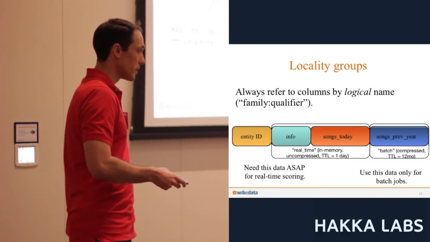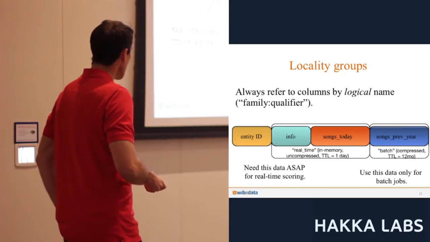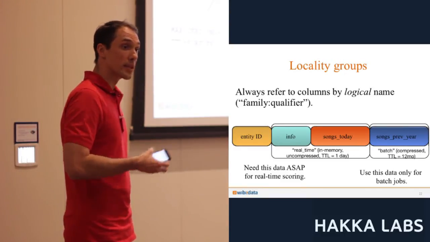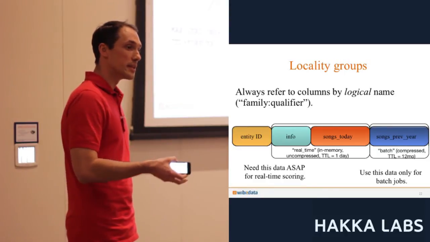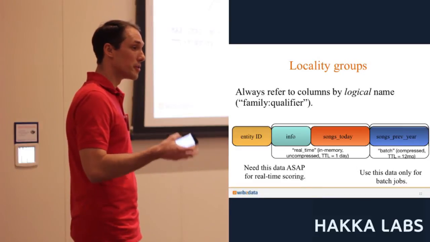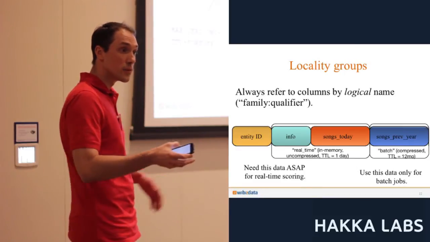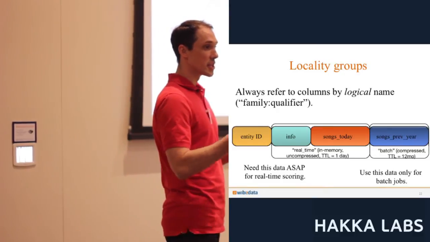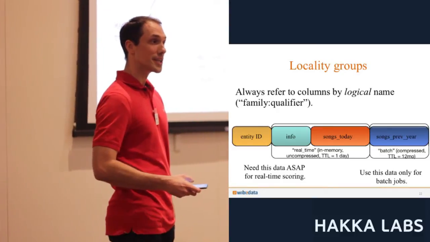And one thing that's important to note here is that even though we've put these column families into locality groups, everywhere in your application logic, when you reference data, you only use the name of the column family and the qualifier. You never reference the locality group. So if you want to move columns between locality groups, for example, that doesn't change any of the other code in your application.